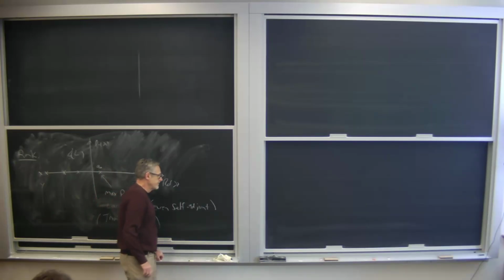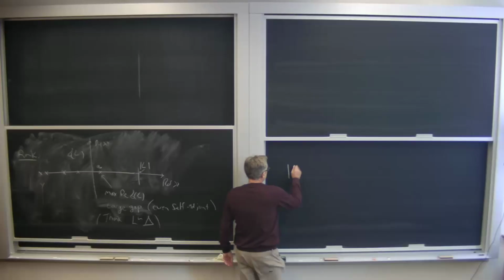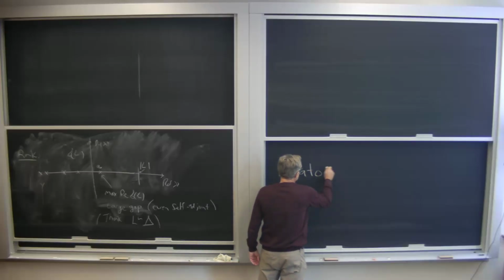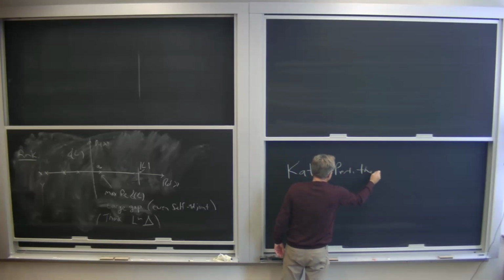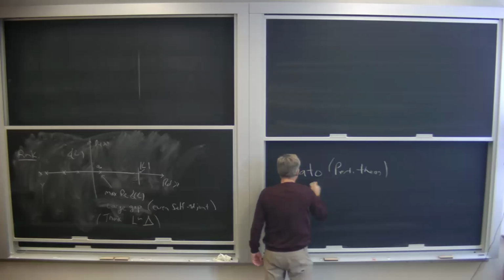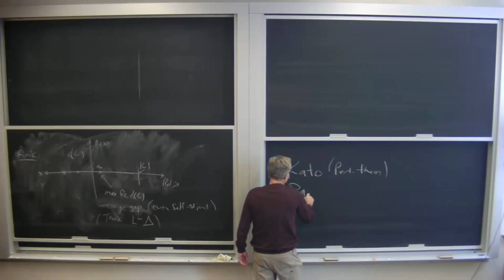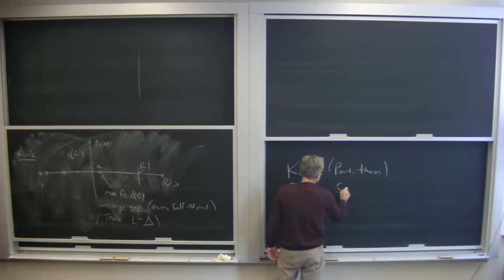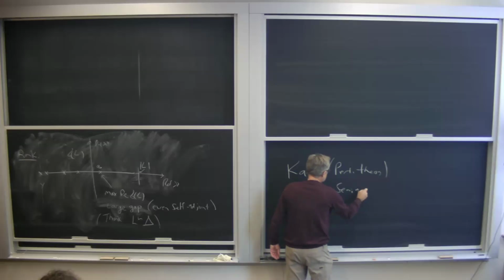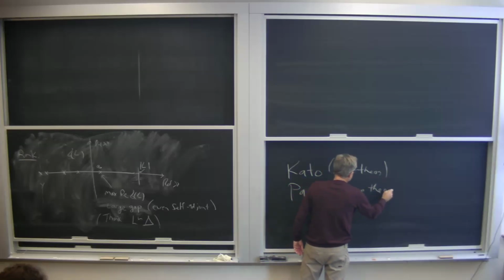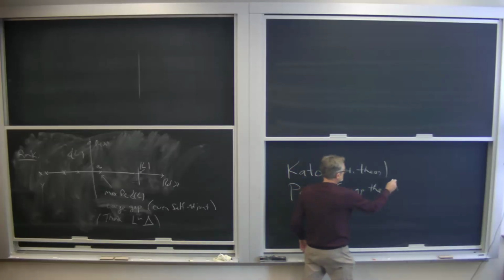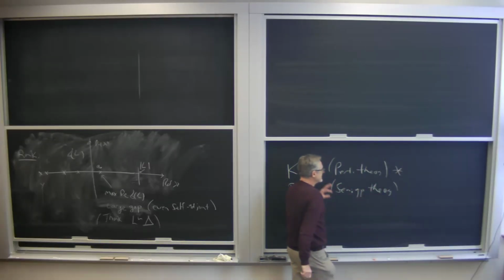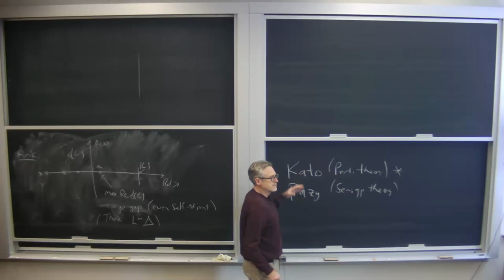So maybe the big ones are Kato, perturbation theory, and Pazy, semigroup theory. This one you need. I mean, that's just very useful for orientation and the techniques we use.